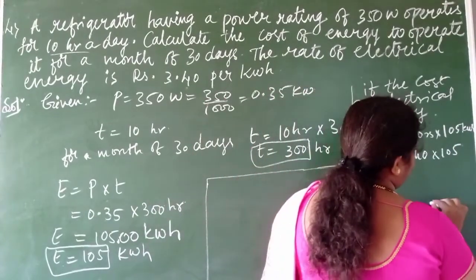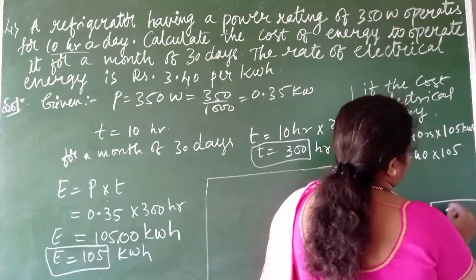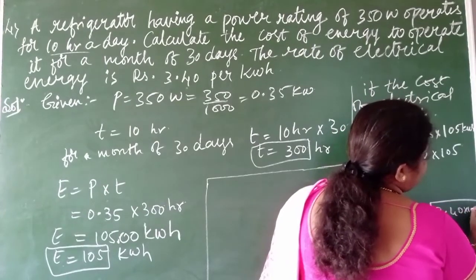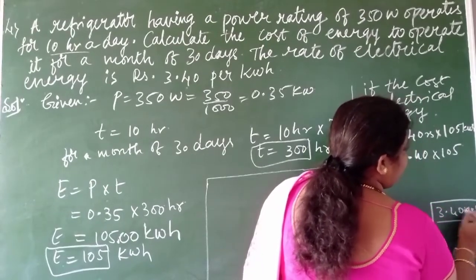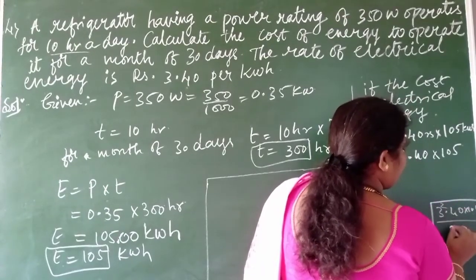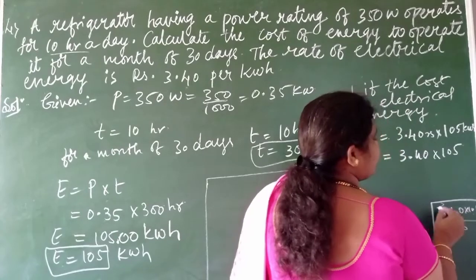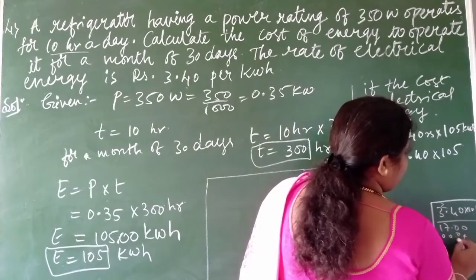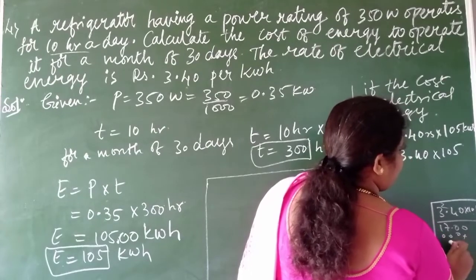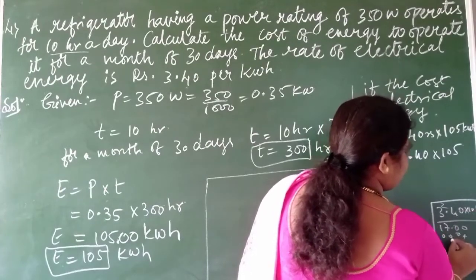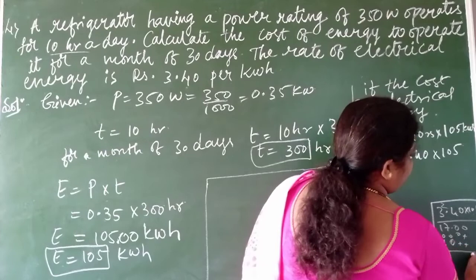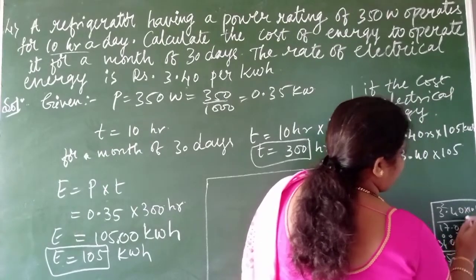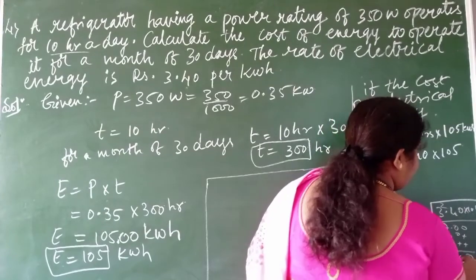Here you can take 3.40 into 105. 0, 5 4s are 20. 5 3s are 15, 16, 17, plus 0 0 0, then 0, 4 3s. You will get 357 with 2 digits after the point.